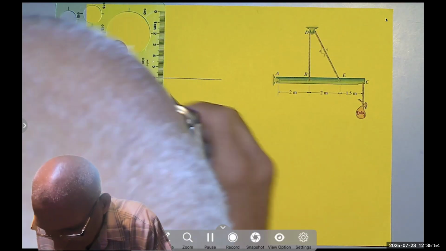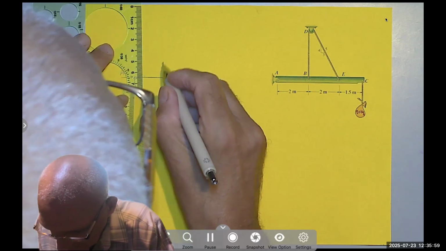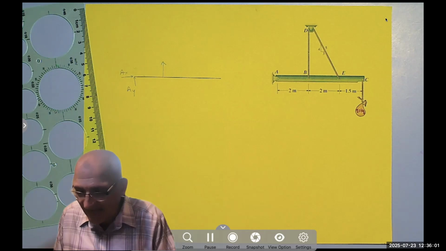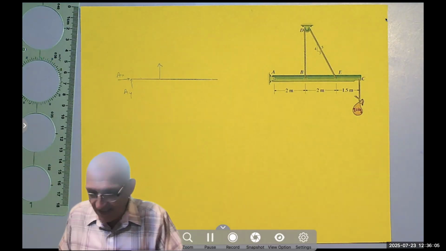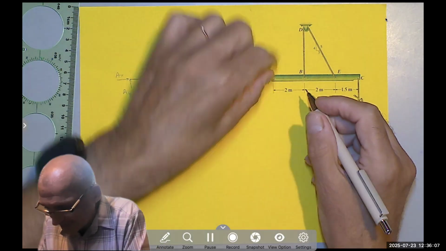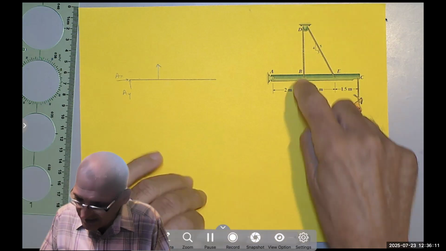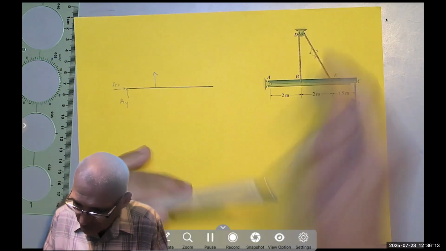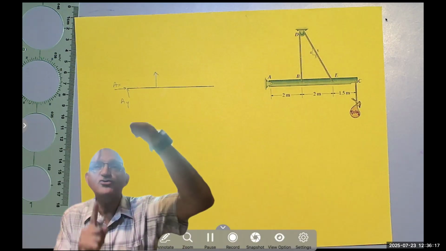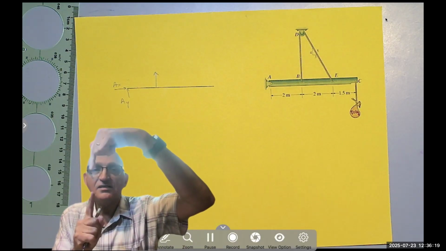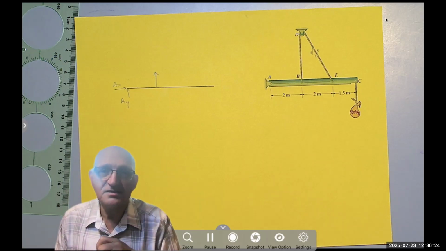Notice that in a free body diagram, I keep saying that, I have to free the beam from everything else. It is connected by a hinge, so I take the hinge and replace it by the reaction. It is attached to a cable, so I cut this cable. Notice when you cut the cable, you see two forces. Internal forces always come in pairs.